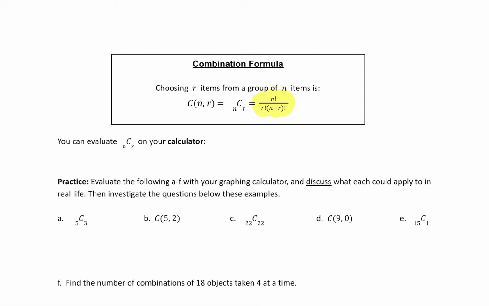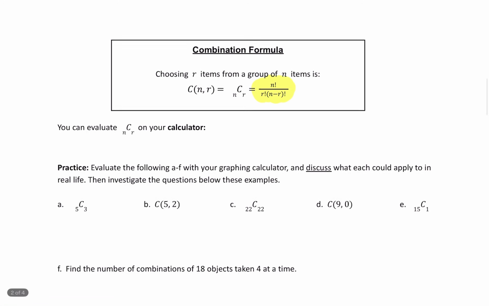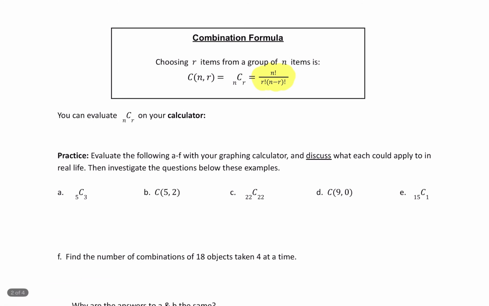Okay? So let's see if we can do this in our calculator. It's going to be exactly like the permutation was in your calculator. So for number A, for example, you're going to put a 5 in your calculator.